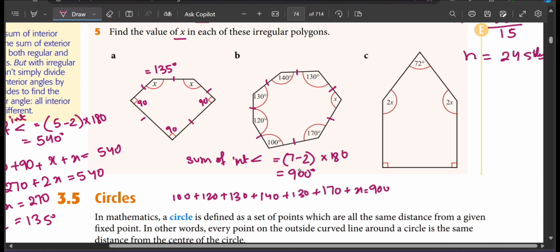And when you add all of them, 100 plus 120 plus 130 plus 130 plus 140 plus 170, you get the value of 790.